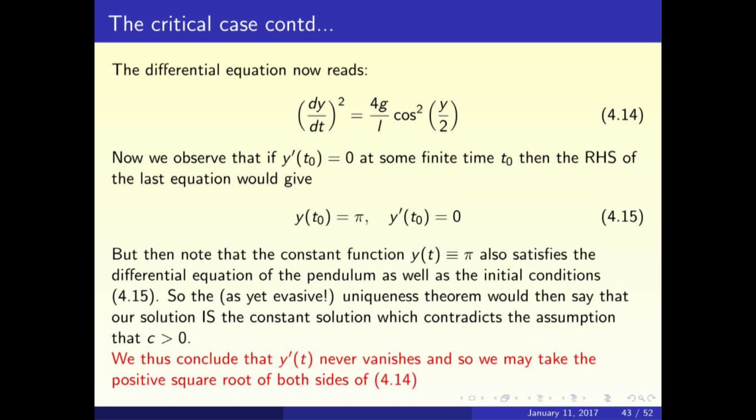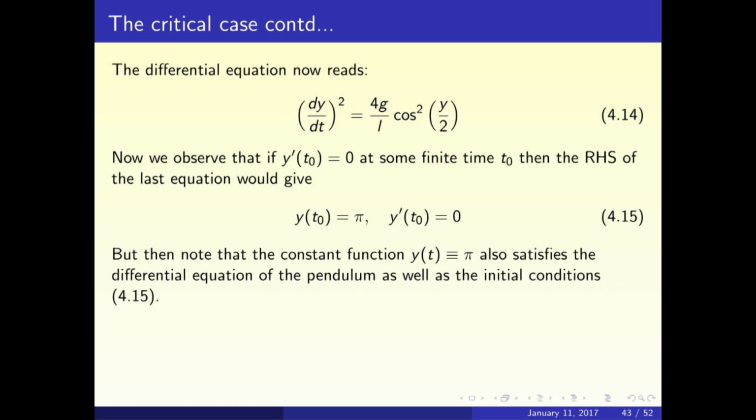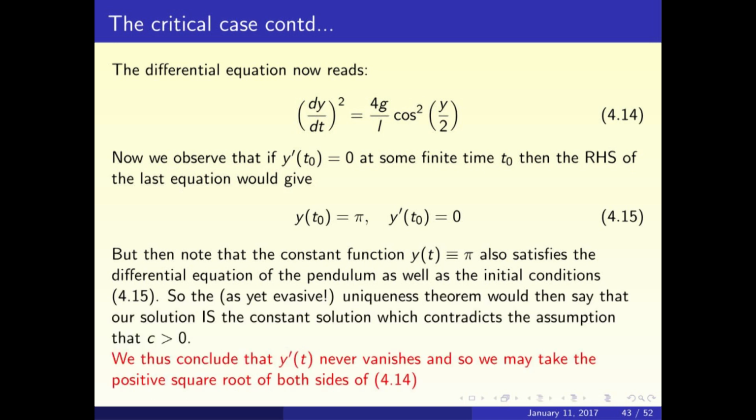And so, once again the evasive uniqueness theorem that we have not even stated can be appealed to, and we see that our solution was a constant solution. But that is not the case, because if it is a constant solution, the derivative must be 0. We are assuming that c squared is 4g by L.